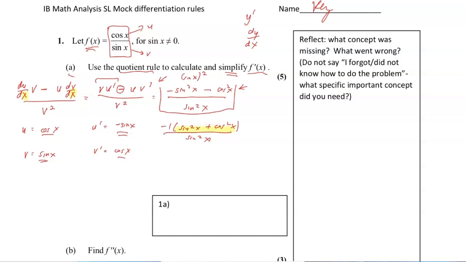And if I look at my formula booklet, that is the Pythagorean identity. It's equal to 1. So actually this yellow part here is equal to 1. So I can substitute 1 in there, and so basically when I simplify this, it's negative 1 over sine squared x. So that's the first derivative.